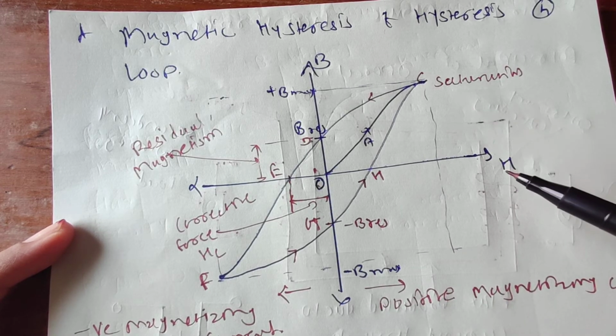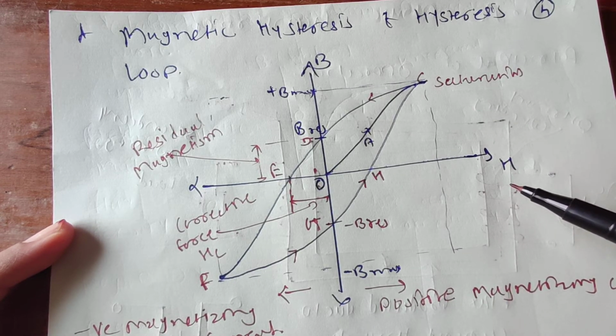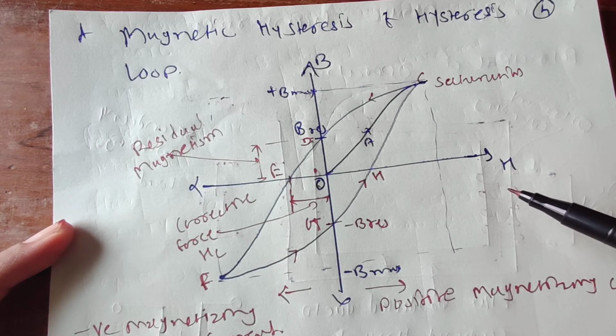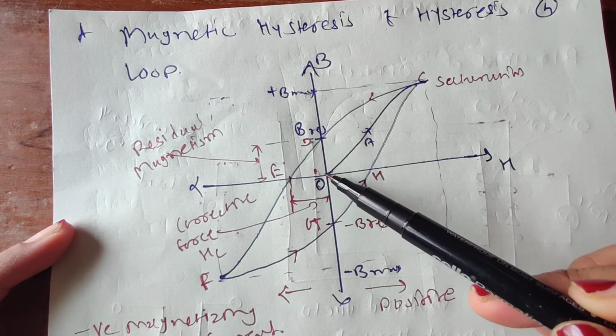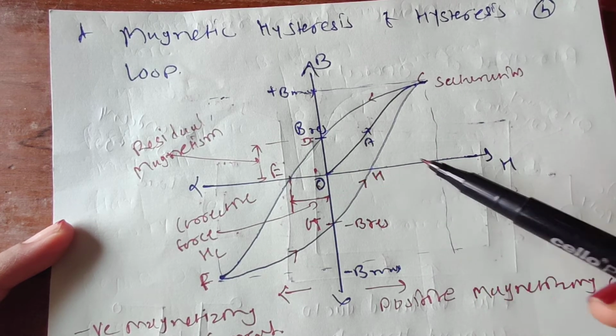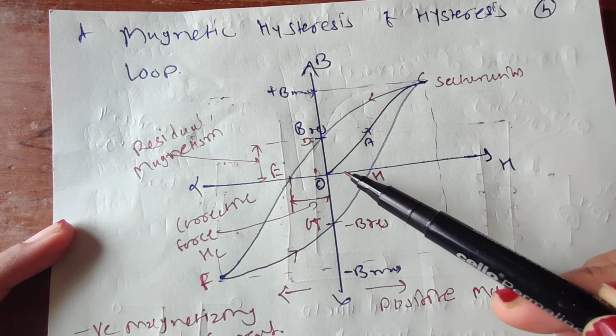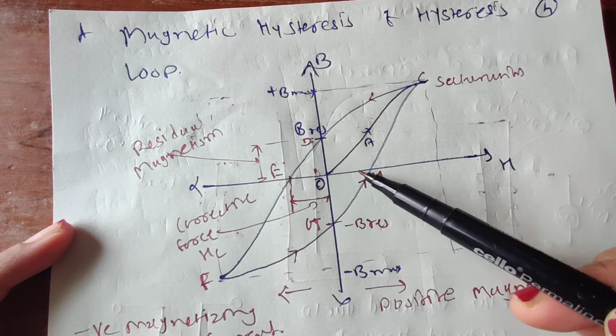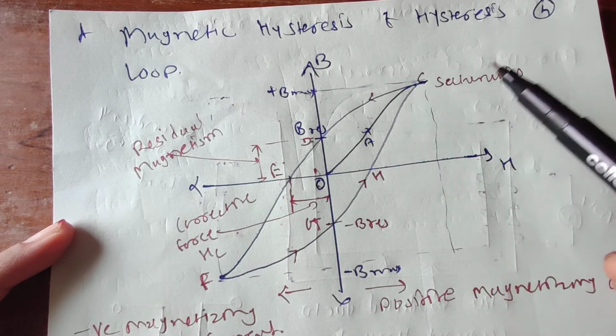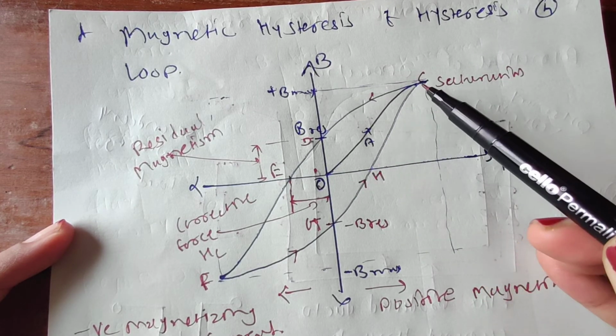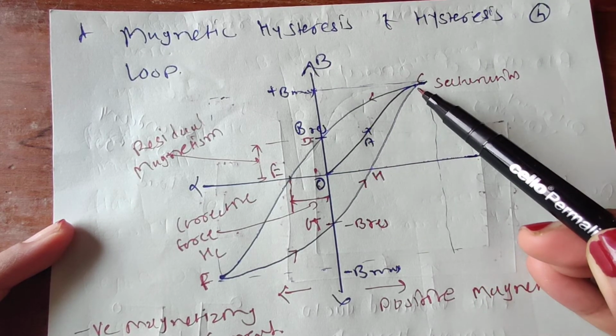Increase the current in a positive direction in suitable steps, and for each value of I, calculate B and H and plot the values. As we increase the current in a positive direction, the value of H obviously increases.